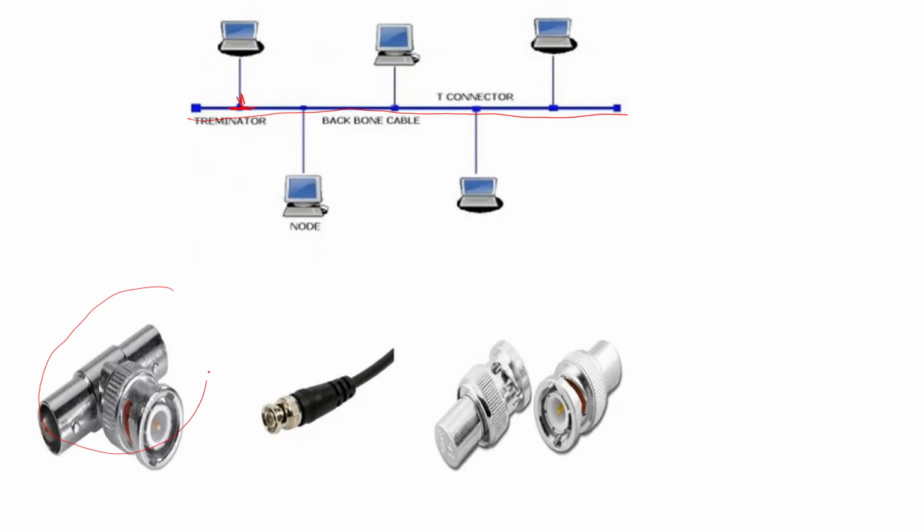This is the T connector. Each and every device would have a connector to connect to this backbone cable. And we have a terminator at both ends. It looks like this.